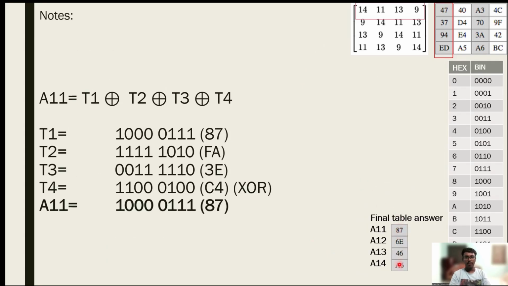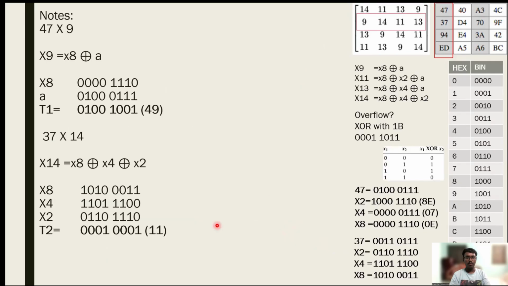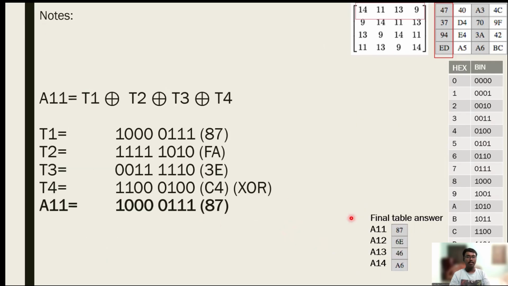I just took a screenshot of it and we got 87. So this thing and this thing are the same. A11 is the same. So this means what we did till now is correct. Now you have understood how we got the answer for the first value for the decryption.